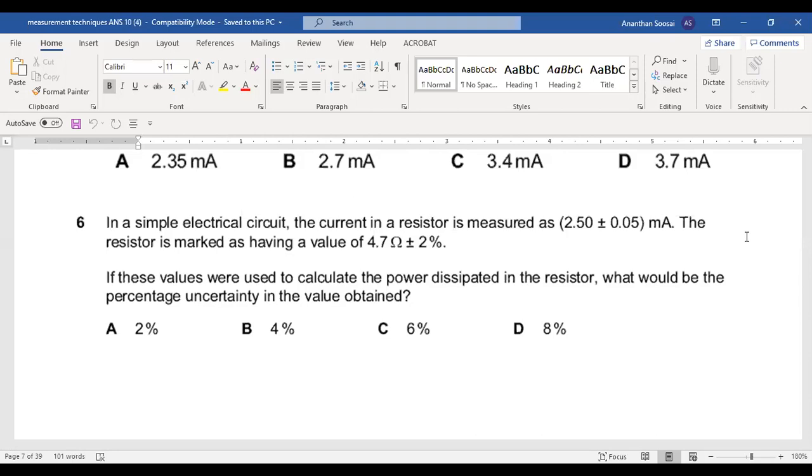Okay. Changes of R over R. But you see the way they wrote is they just put 2%. Is it good news or bad news? It's good news, easier. Changes of R over R times 100%, you just replace as 2% straight away. So what's the final answer?